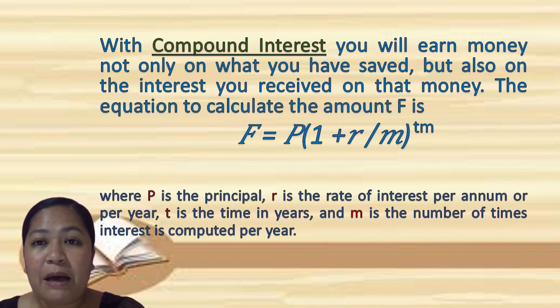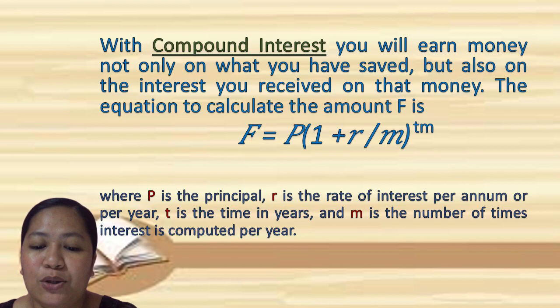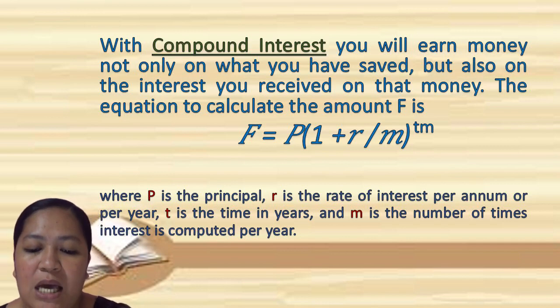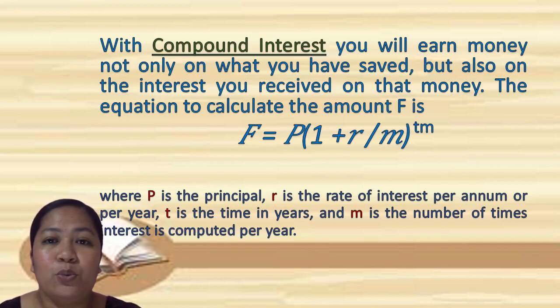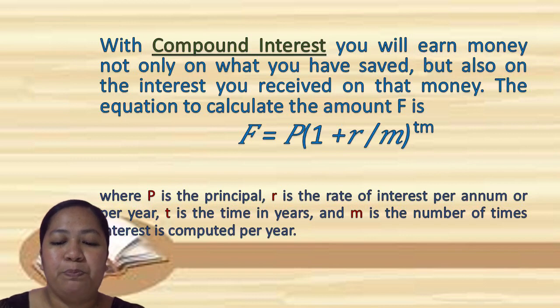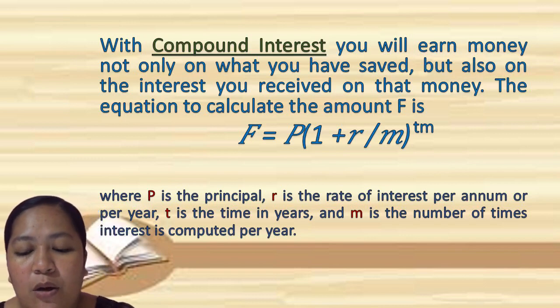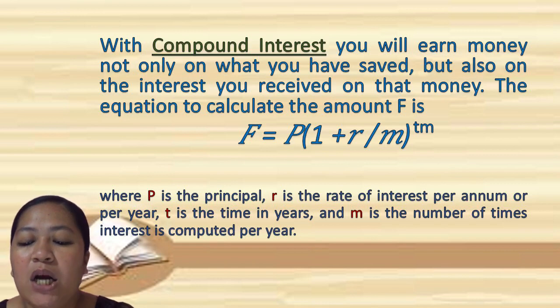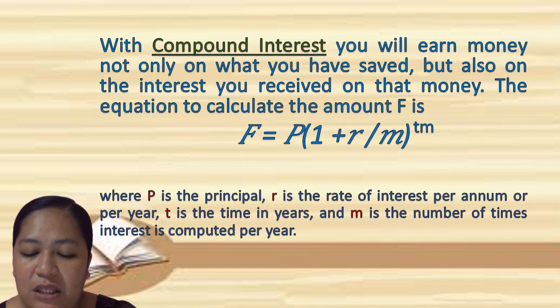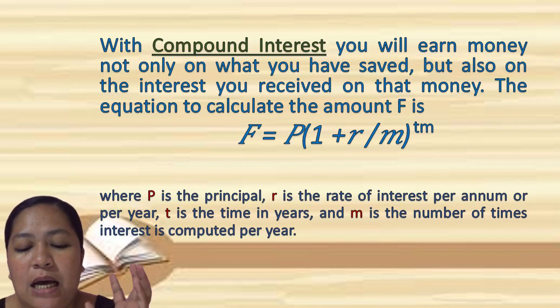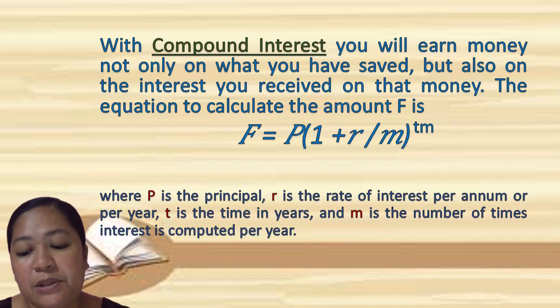So with compound interest, you will earn money not only on what you have saved, but also on the interest you receive on that money. So the equation to calculate the amount will be F equals P, the principal amount, multiplied by open and close parenthesis 1 plus R over M raised to the power of Tm. Let us first discuss. P is the principal amount.